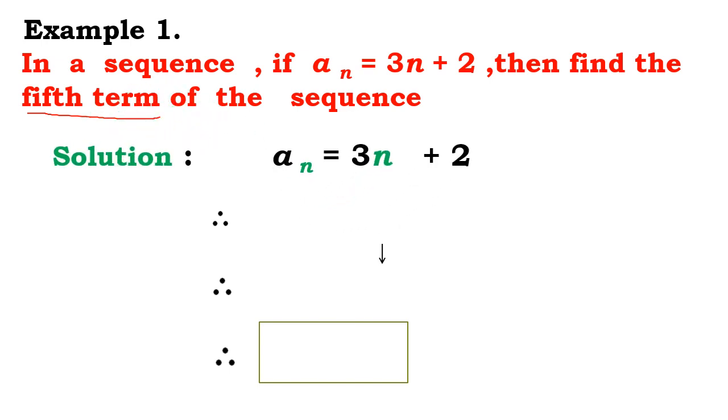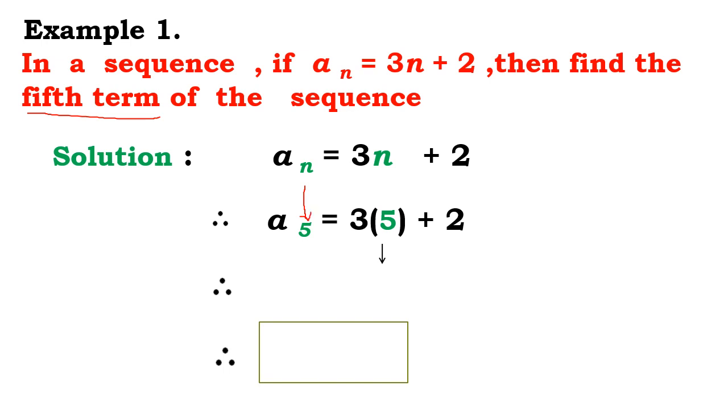Therefore, the required solution: first you should take the sequence. Here the sequence is An equals 3n plus 2. Now substitute the n value as 5, because we require the fifth term, which is A5. In the place of n, you substitute 5.